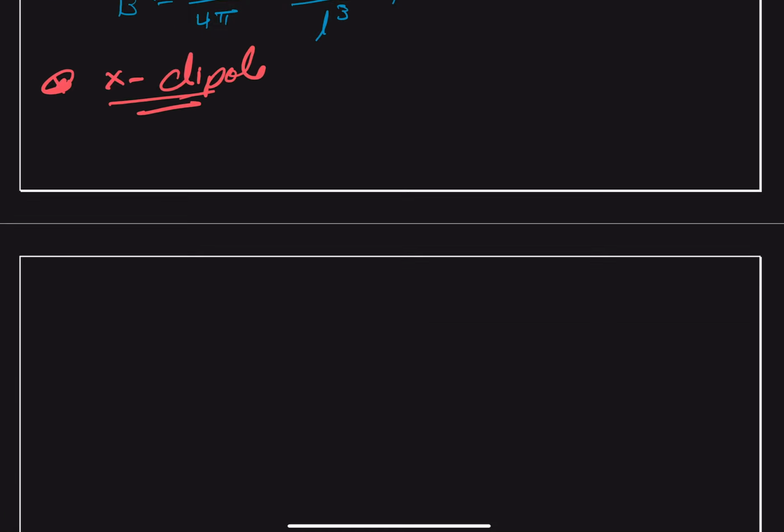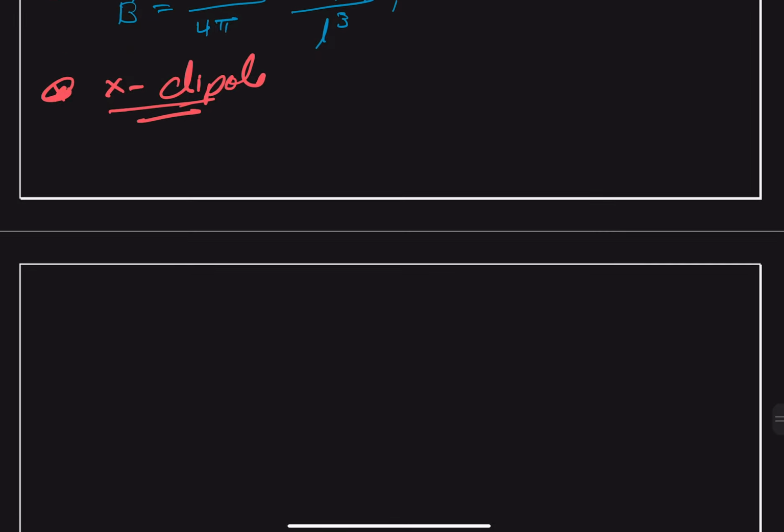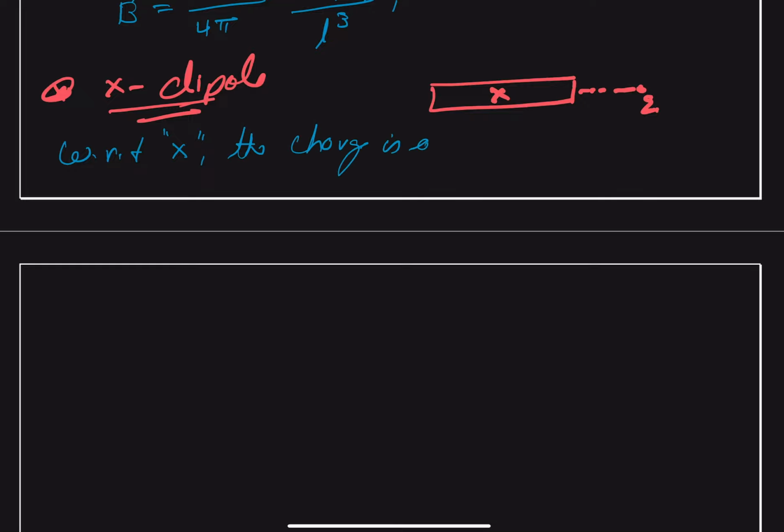with respect to X, the charge q is in the end-on position. Because for X, let me draw it here. So we have this as the X dipole, and the charge is somewhere here. So it is at the end-on position. So this is our X. So we can write with respect to X, the charge is at end-on position.